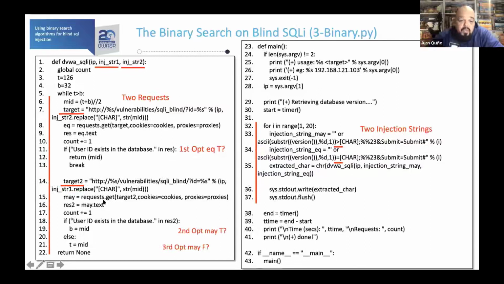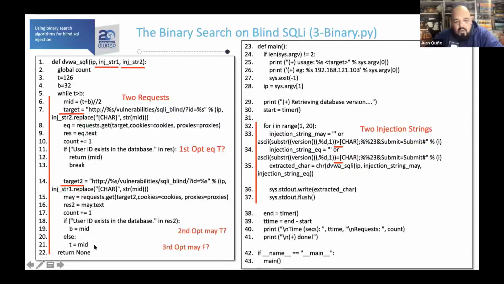If it's true, that means I will need to, well, I include a counter to count the quantity of queries I'm making, and the middle will become the new bottom. Or the third option is that in the query I'm asking, the data I have is greater than the character.